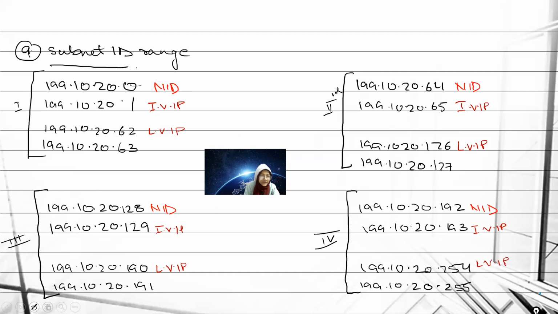And last BID. And between the first valid IP and last valid IP is the valid IP range. Let's come towards subnetting of class B.